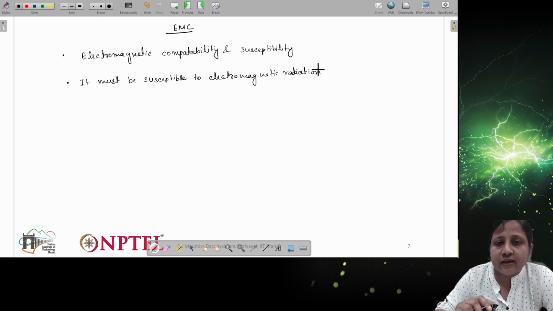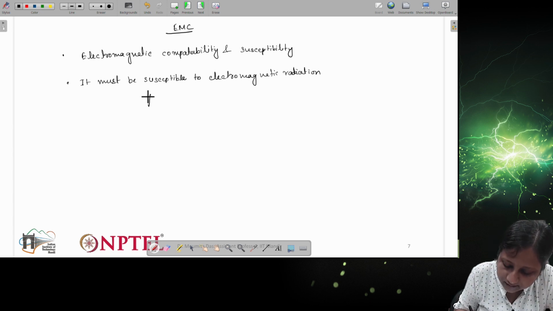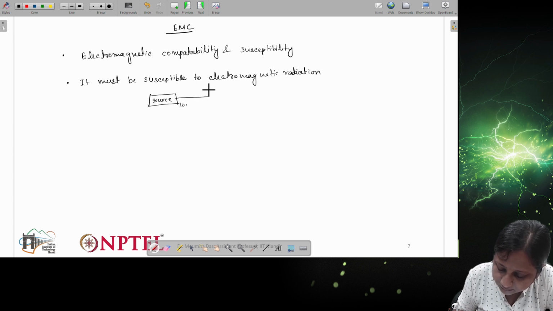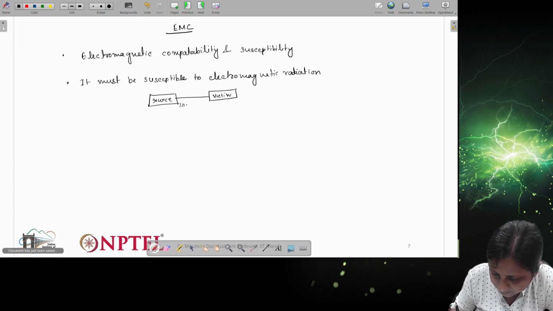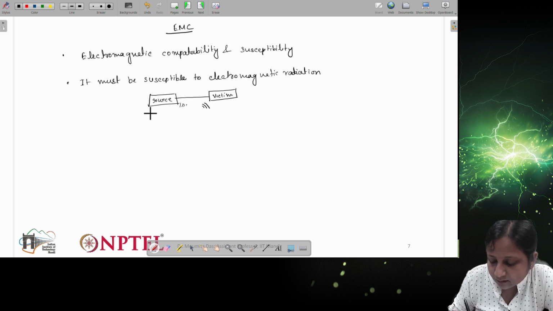Okay. Now as I have shown in the previous slide, if the source is there and it is having some electromagnetic noise which is coming due to radiation, and the victim is placed here, it will get affected by this particular noise.